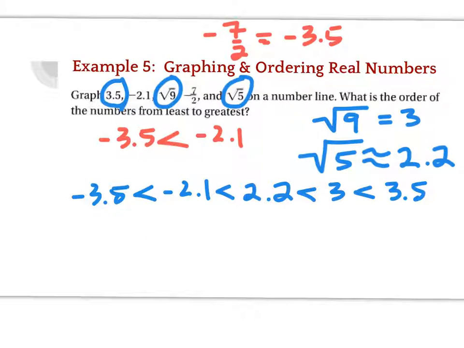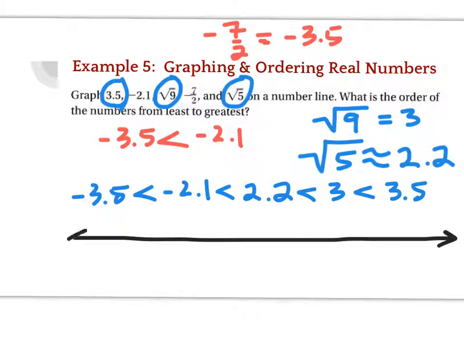Once I've ordered them, I'm ready to put them on a number line. And so I'm going to go from negative 3.5. Make sure you fill in that spot. Next will be negative 2.1. Positive 2.2. Number that's in between positives and negatives is a number called 0.